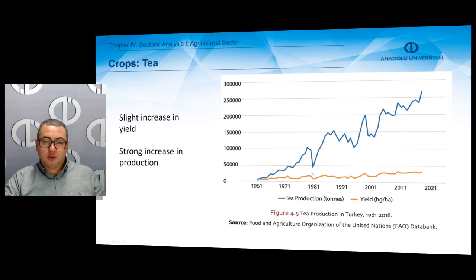Yet we also see a much stronger increasing trend in production of tea. So this is due to both the change in the decisions of the producers and the increase in yields. This is due to both of them.